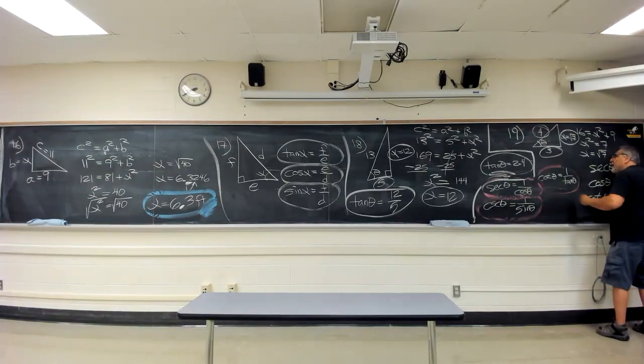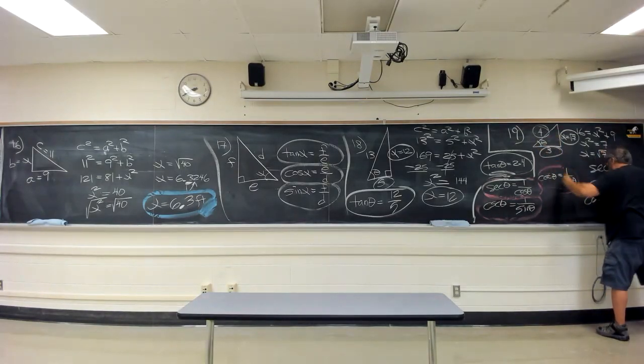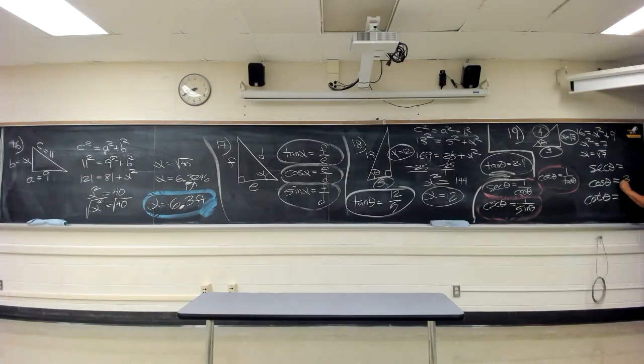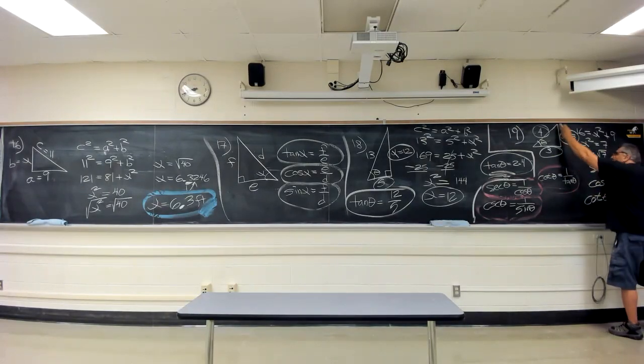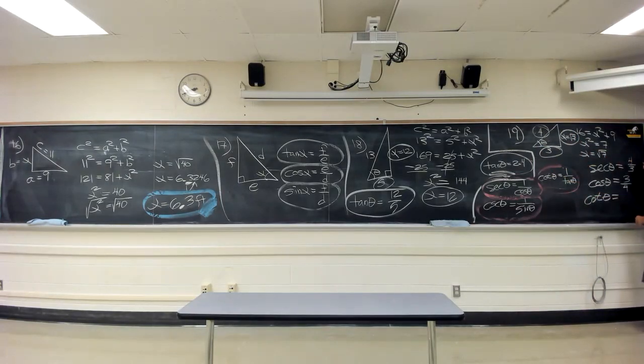The cosine of theta is adjacent over hypotenuse. That's 3/4. Secant of theta is the reciprocal of the cosine of theta. That's 4/3. Cotangent is opposite over adjacent. Forgive me, tangent is opposite over adjacent, which is square root of 7 over 3. Cotangent is the reciprocal of that.